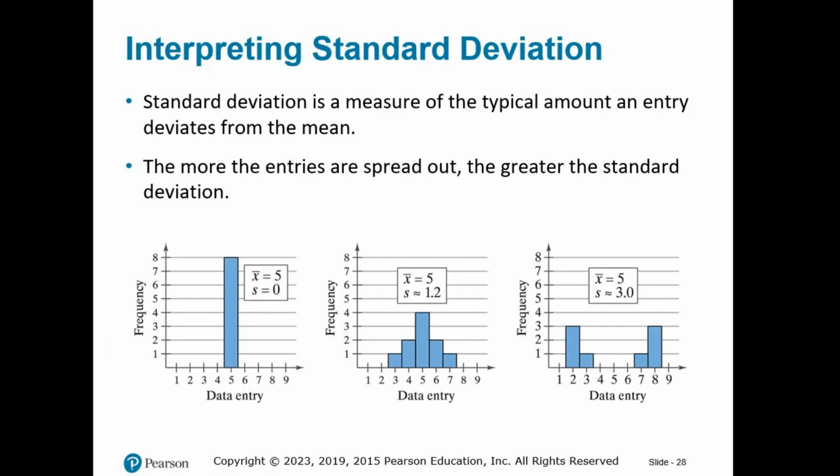On the first graph on the left, a mean of 5 and a standard deviation of 0 tells me that all the data entries must measure the exact same value, and they must all be stacked on the value of 5. The middle graph has the same mean as the first graph, but knowing that the standard deviation is 1.2 tells me that the data entries will be more spread out, with a little more variation away from the center.